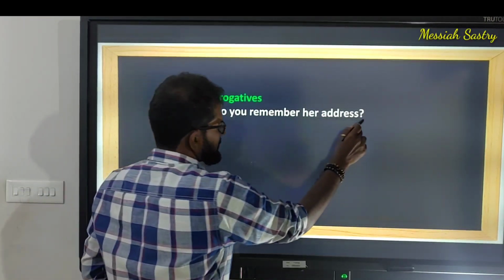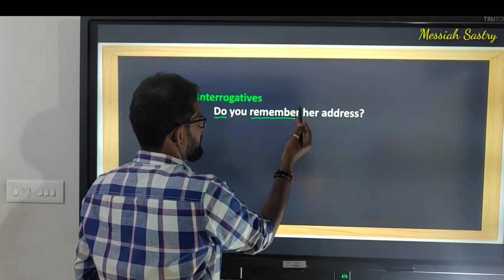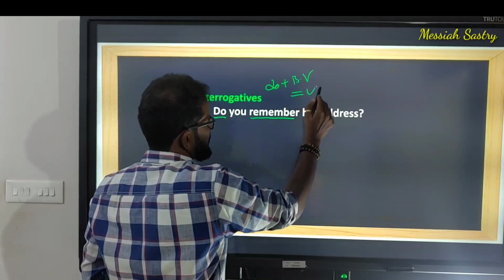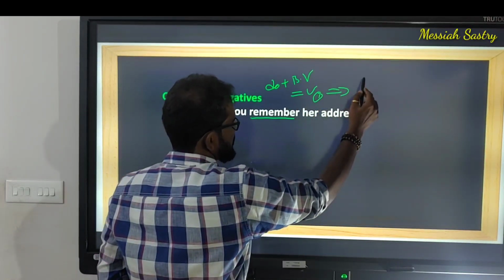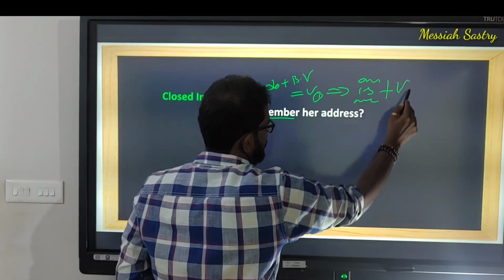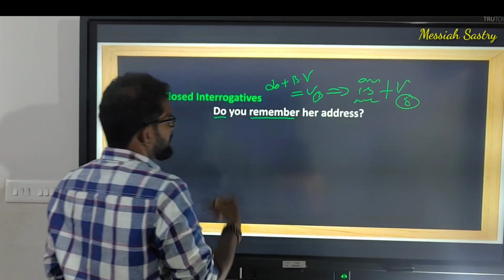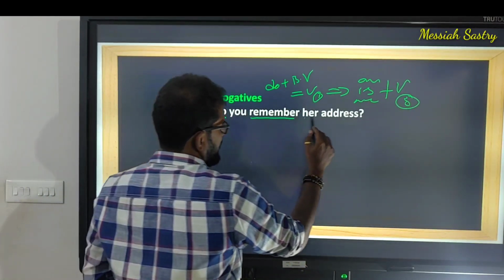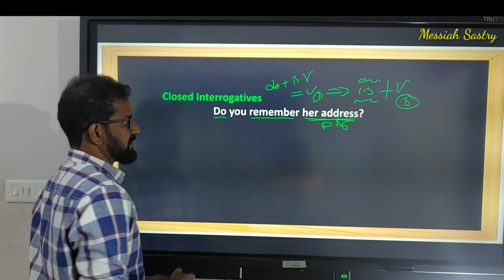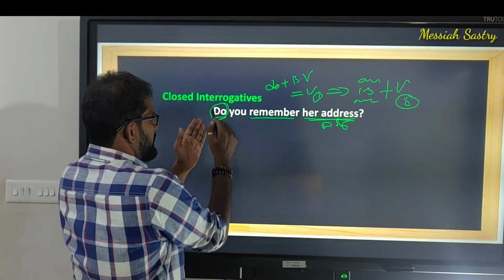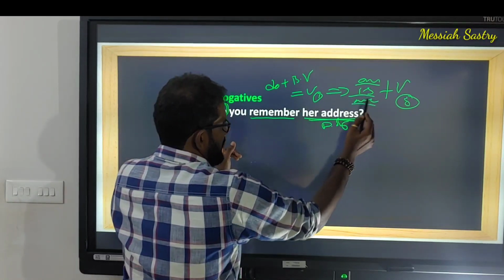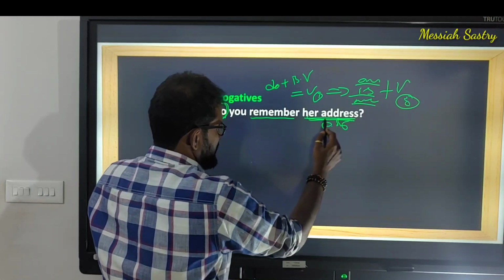Do you remember her address? Do plus base form of the verb is equal to V1. What is the passive form for V1? Am, is, are plus V3. What do you remember? Our address. So it is a direct object. Now we don't use the same helping verb. We need to use a new helping verb, that is am, is, are, based on the new subject.